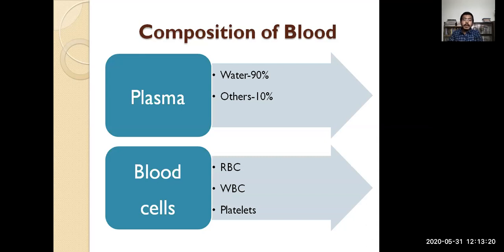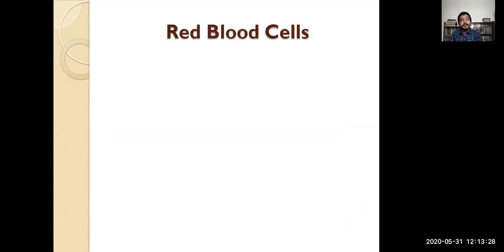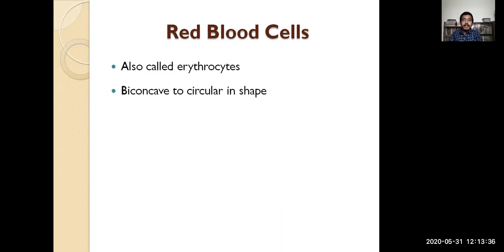And in blood cells as well, the blood cell is mainly composed of red blood cells, WBC, and platelets. So specifically talking about the red blood cells, these are also called erythrocytes. The shape of the RBCs varies according to the different situation.